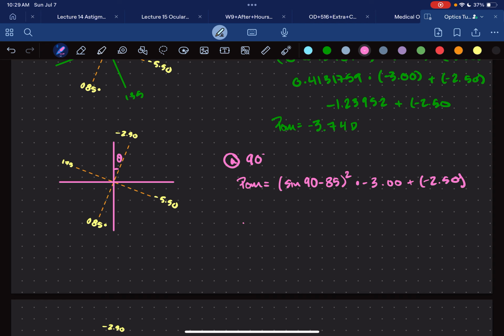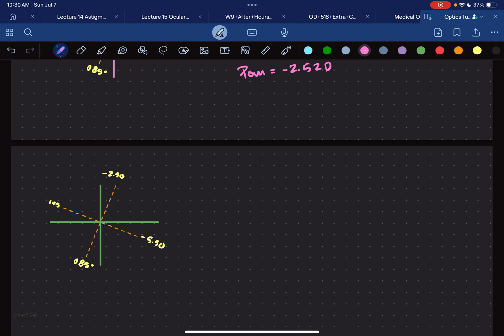And I'm going to get a power on that oblique meridian, the 90 that we were talking about, of negative 2.52 diopters. Now let's think about it. Does it make sense that it would be just slightly more than the sphere power? Yeah, because we're just 5 degrees off it going towards that negative 5.50. So it makes sense that it would be negative 2.52.